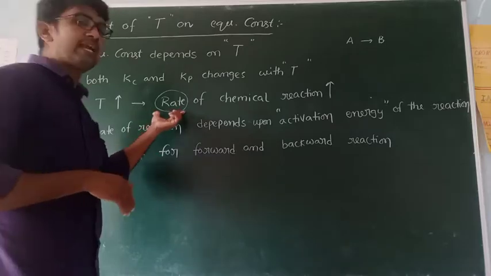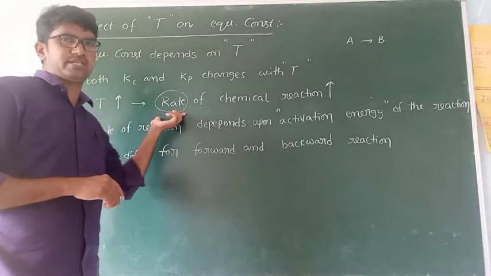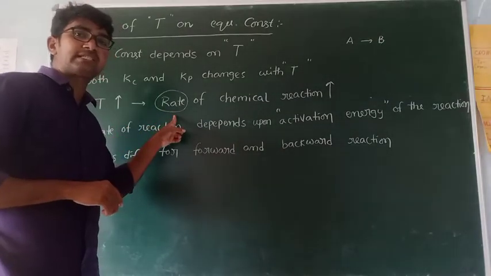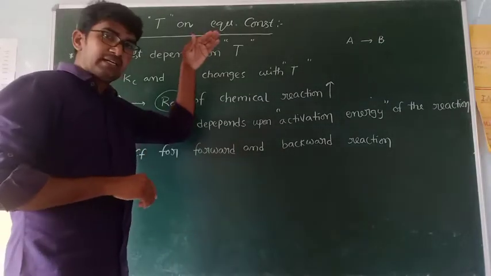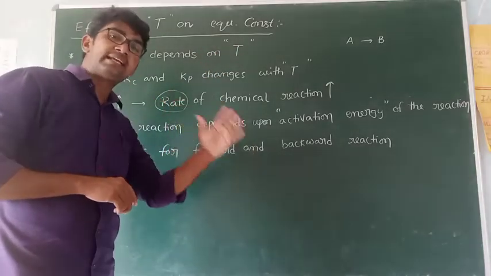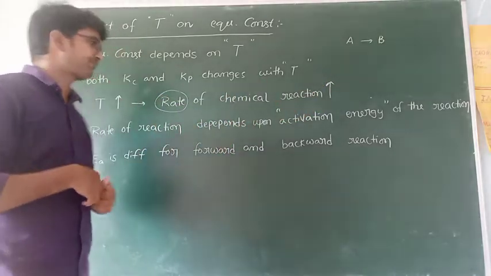That is the calculation of the changes in 1 second. It is called the rate of the reaction. So as the temperature increases, the rate of chemical reaction also increases, meaning the reactants decrease and the products increase very quickly.